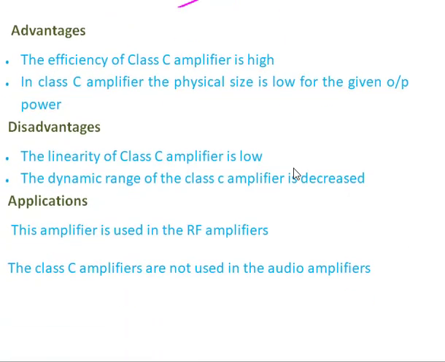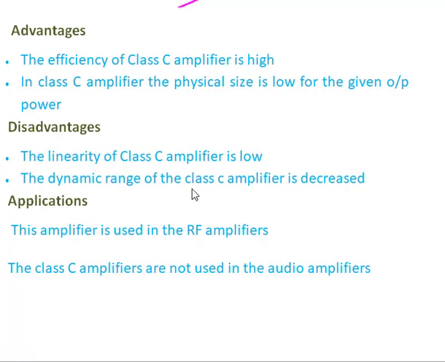It has some advantages. The class C amplifier has very high efficiency. Physically, it is very small in size. It also has some disadvantages.